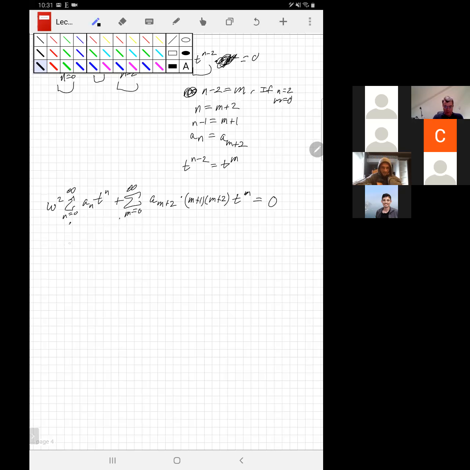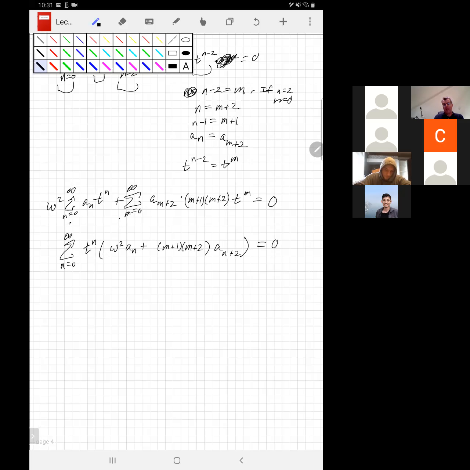So I'm going to rewrite all of this as just the sum from n equals 0 to infinity of t^n times [omega squared a_n plus (n plus 1)(n plus 2) a_(n+2)].